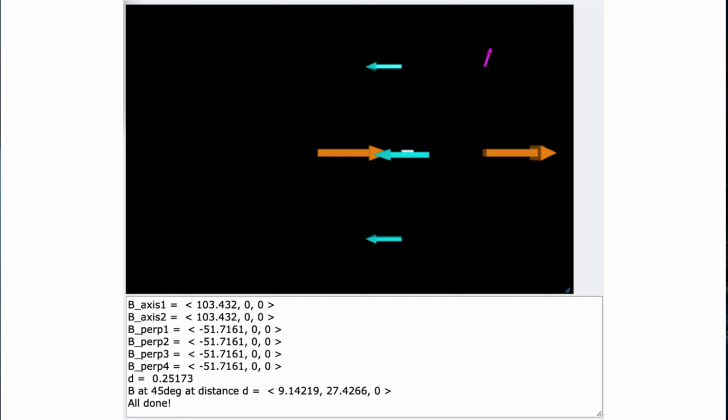And as we can see, it is accurate to our representation of a magnetic field that we learned in class, as the perpendicular fields are half the size of the parallel magnetic field, and they are pointing in opposite directions, and we have this accurate representation in the top right corner of the magnetic field in that location as well.